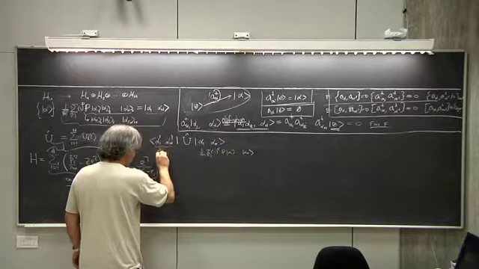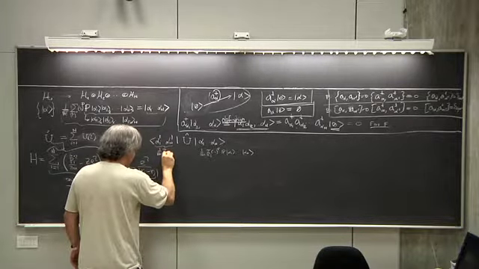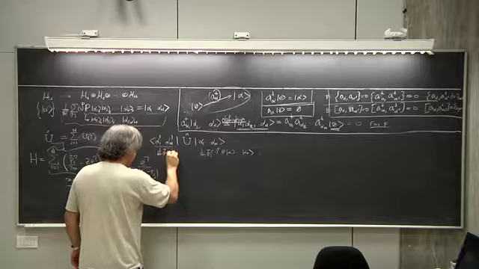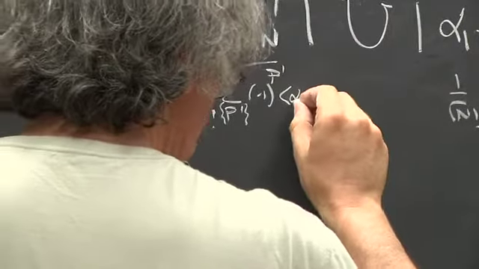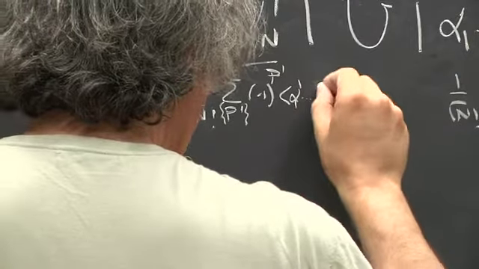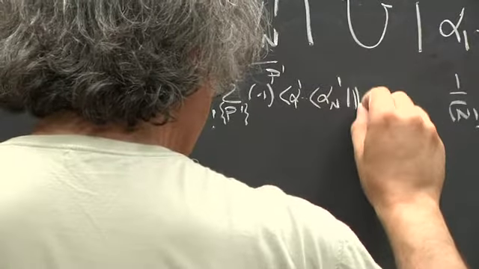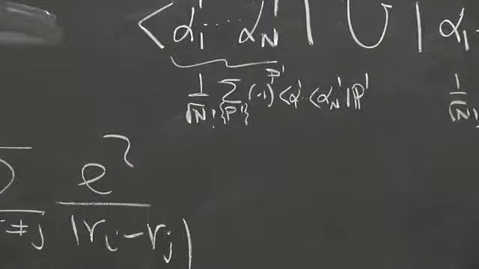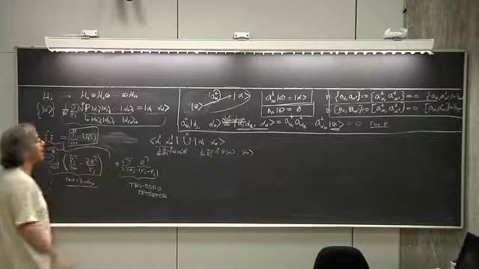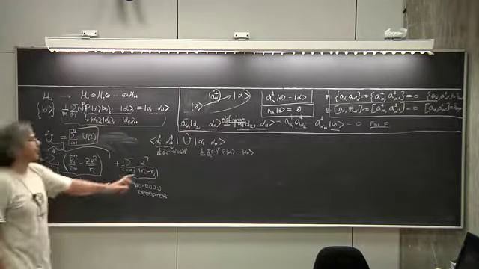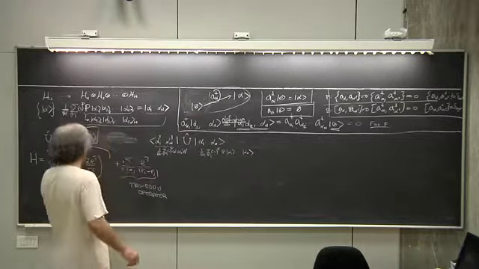So 1 over square root of n factorial sum over p prime, minus 1 to the p prime, and alpha 1 prime, ..., alpha n prime, p prime, acting on the left. Okay? And in the middle, a sum like that. Okay? So you see n factorial, and n terms.